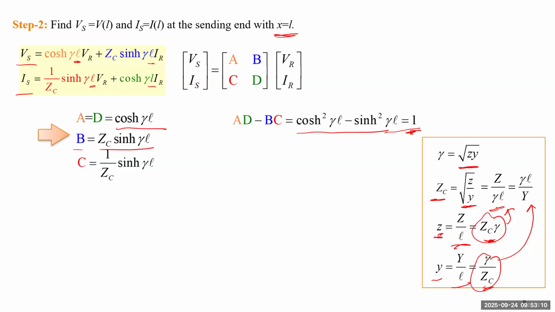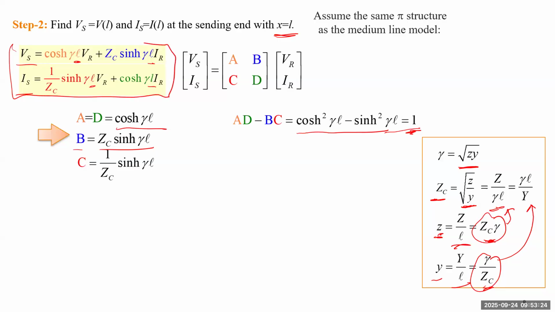Okay, so with those four formulas there, we'll be ready to introduce the model equations and to make it simplified. So here, we have an accurate model, right, to calculate the source voltage and current from the load voltage and load current. And they also satisfy the same transformation we have applied to the short and medium lines.